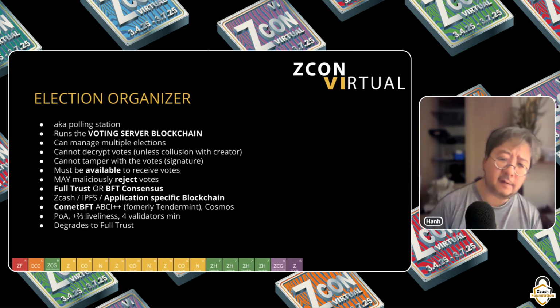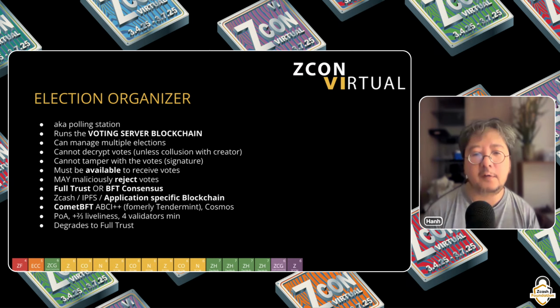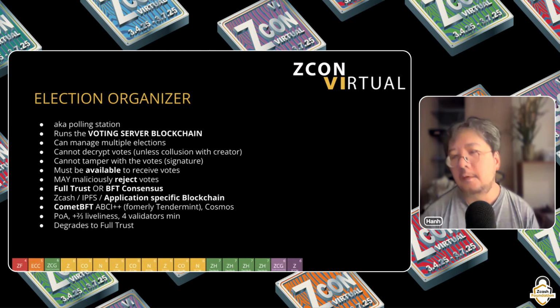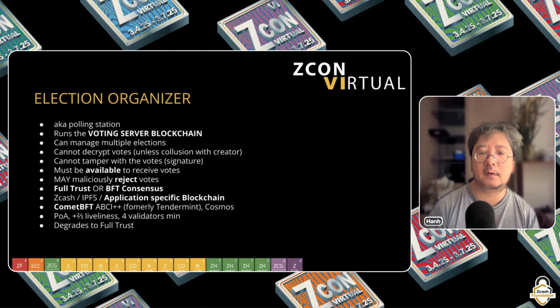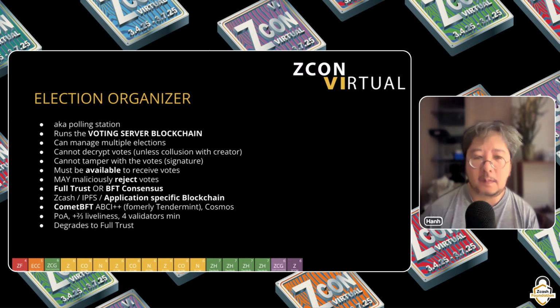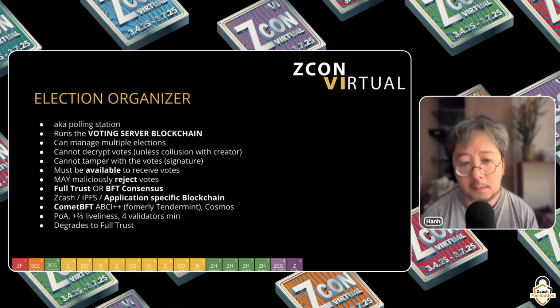The alternative to this, software that would seem easier to use than having to create our own blockchain, is obviously to use the Zcash main chain. Another way to imagine this being done is that your ballots are sent to Zcash on the main chain.